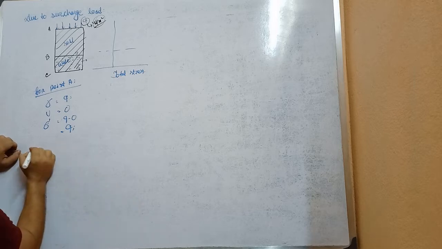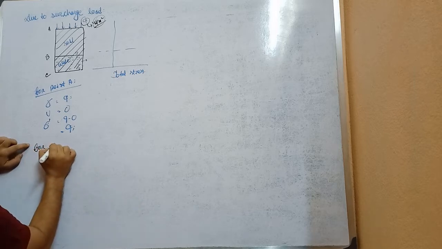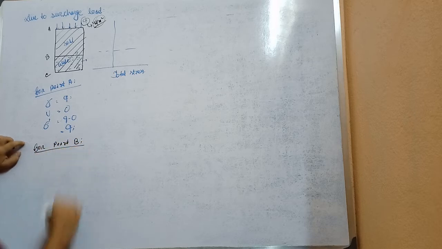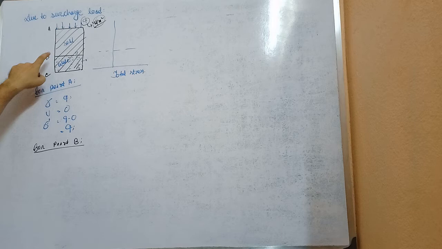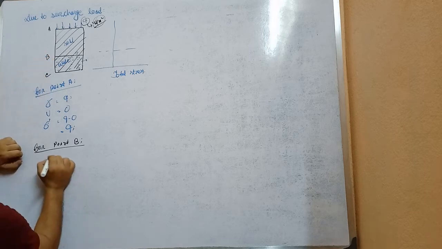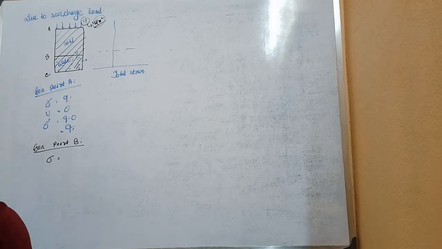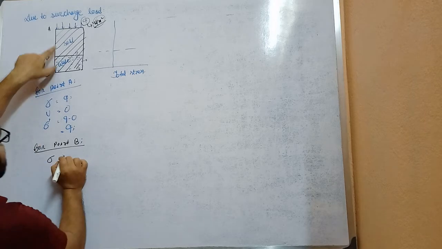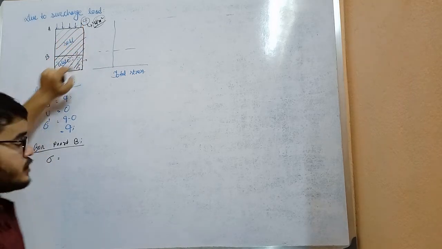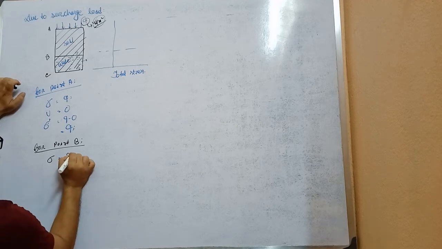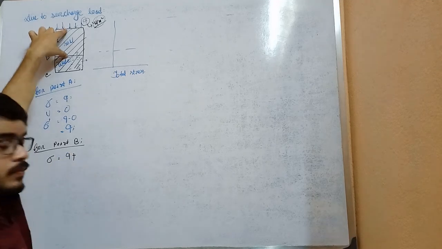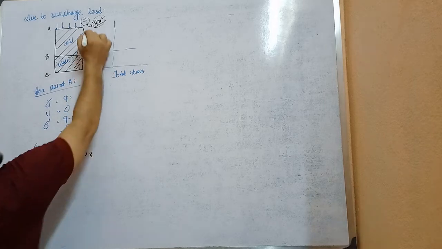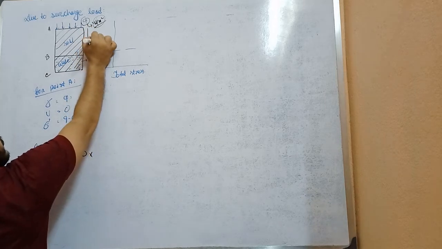And now consider point B. For point B, total stress equals the surcharge load Q, which is constant, plus the unit weight of this soil, gamma, into the height of the soil H1.